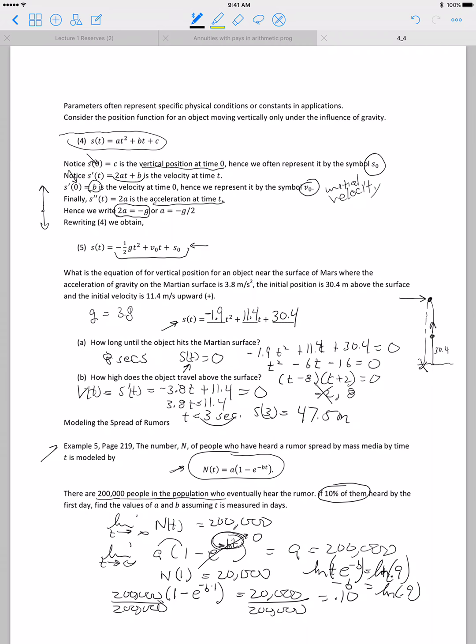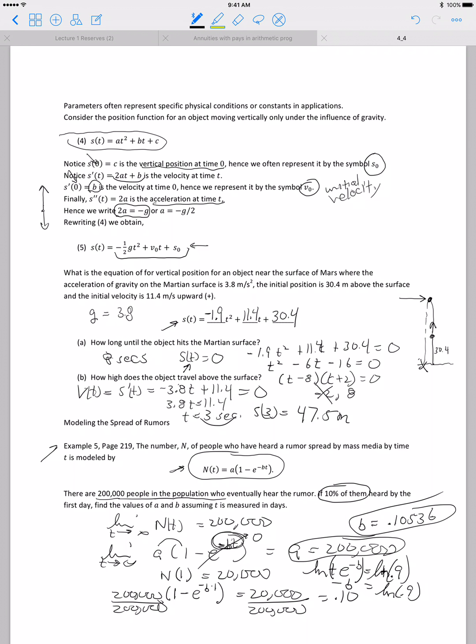When you do, here's my calculator, let me go ahead and do it. Natural log 0.9, and we're going to get b equal to 0.10536. So I have a is 200,000, b is 0.10536.